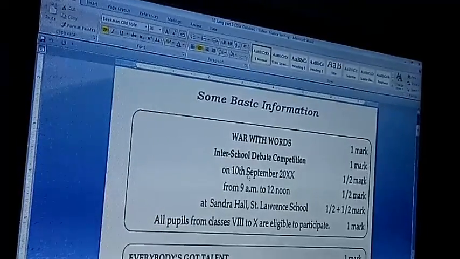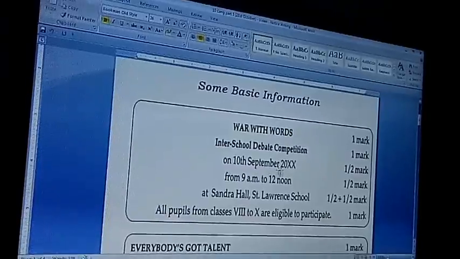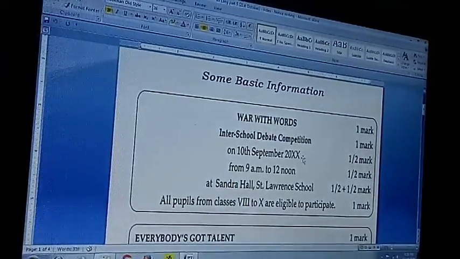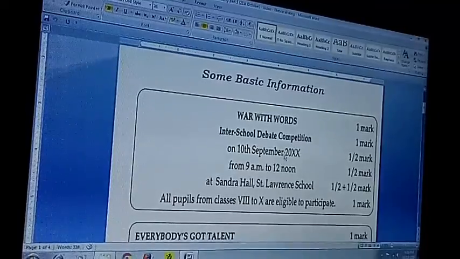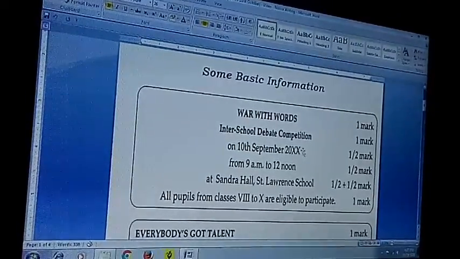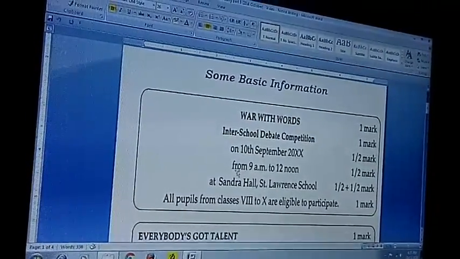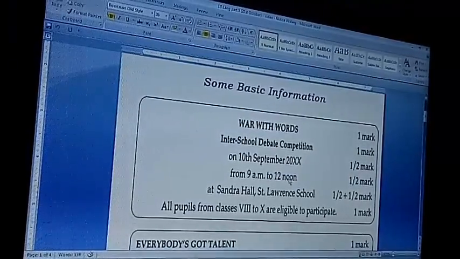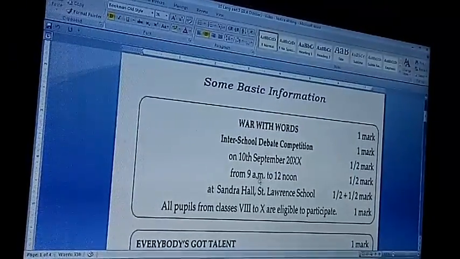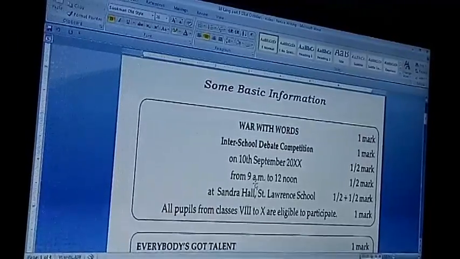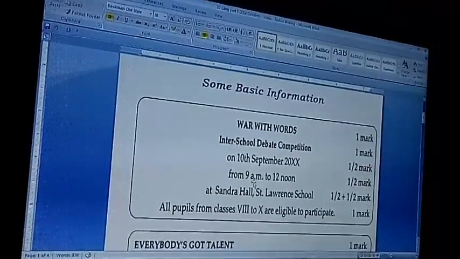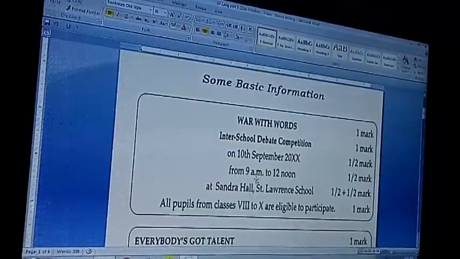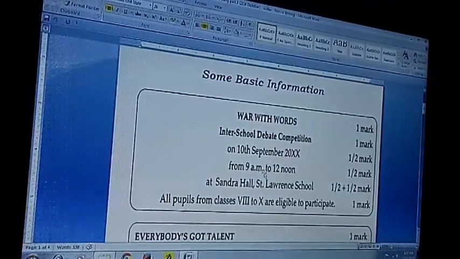Now either you put a comma or you don't put a comma. You have not put anything here, no need. So no comma, no dot. But here, from 9 a.m. to 12 noon, or say 2 p.m. Please notice a.m.: small letter, a dot m dot.